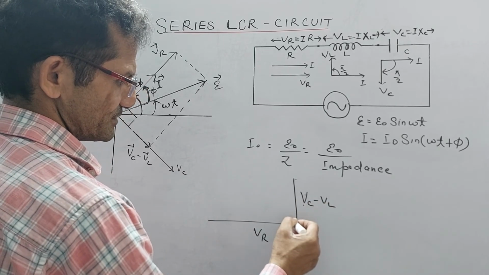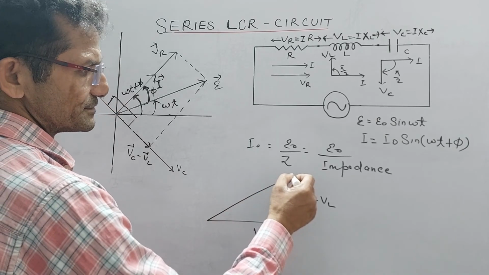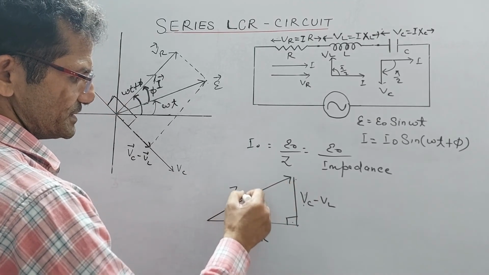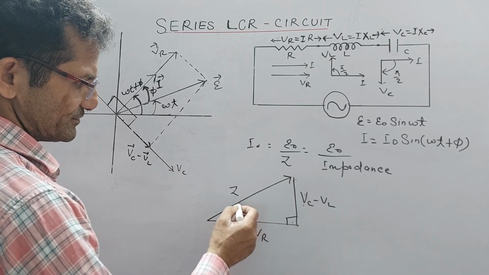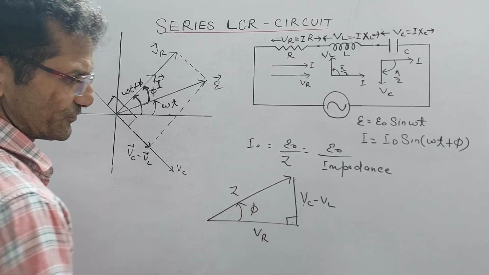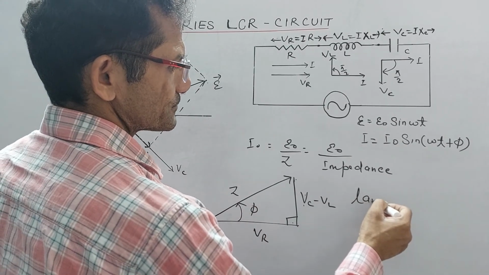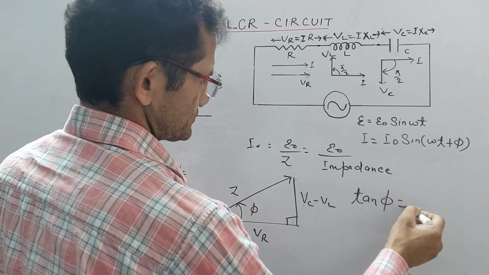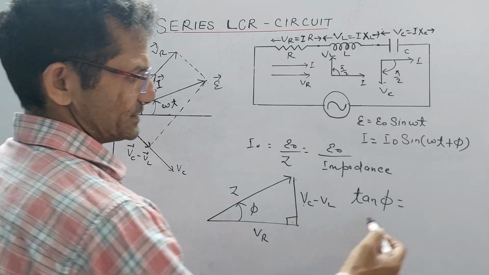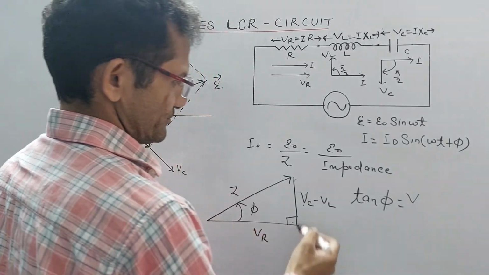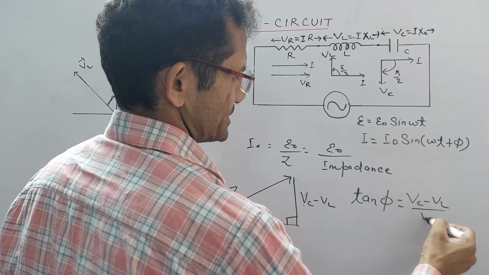The angle between them is 90 degrees. This is your hypotenuse, known as the impedance. The angle this vector makes is phi. This is known as the phase angle. So from here tan phi is equal to perpendicular divided by base. Your perpendicular is VC minus VL, divided by VR.